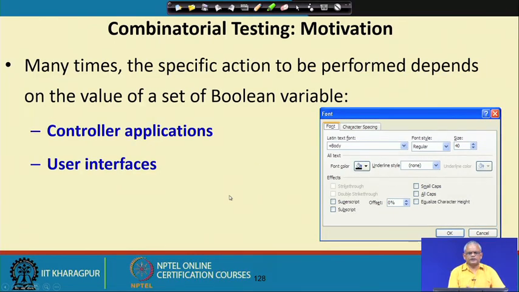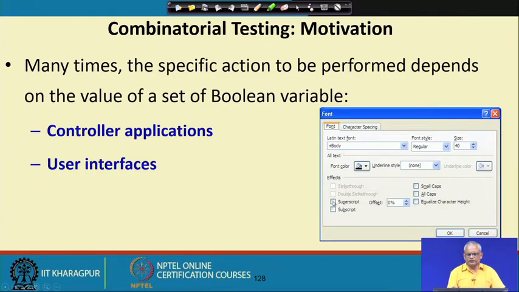Let us look at one specific test situation. This is a user interface for word processing software. You might have used similar software where we can define the font characteristics, and here we have many things to choose.